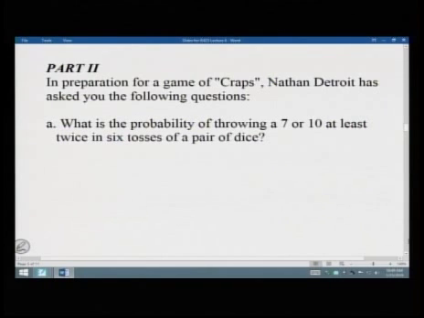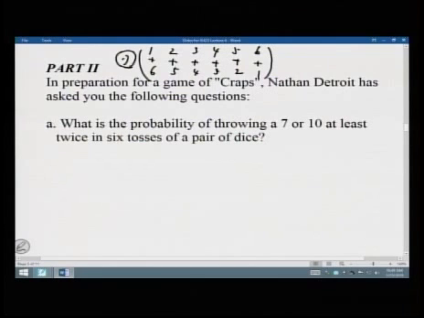So how many different ways to throw a 7? 1 and 6, 2 and 5, 3 and 4, 4 and 3, 5 and 2, and then 6 and 1. So there are 6 different ways to get 7. Is that right? How about 10?